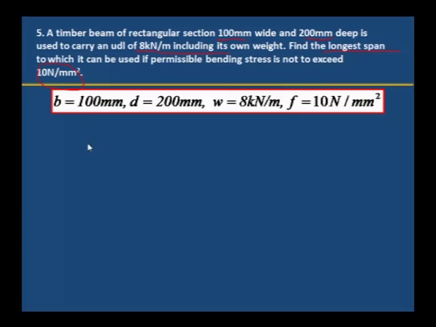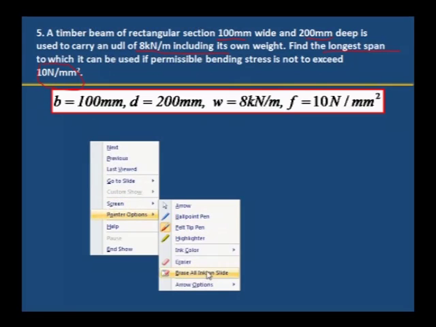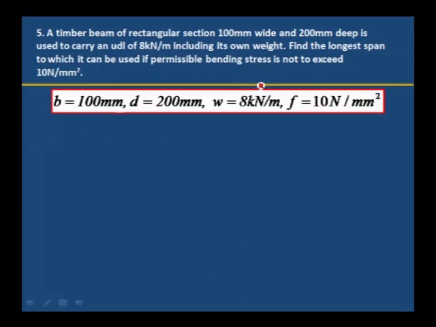Let us write down the data given. B is 100 mm, depth is 200 mm, W is 8 kilonewton per meter, and bending stress is 10 newtons per mm square. These are the 4 values given. We have to find the span.